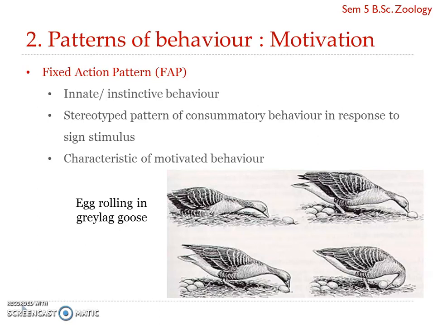Okay, so since it is derived from the genes, the behavior is referred as the inborn and innate. And since it is reaching a particular goal, it is referred as a consummatory action. Okay.